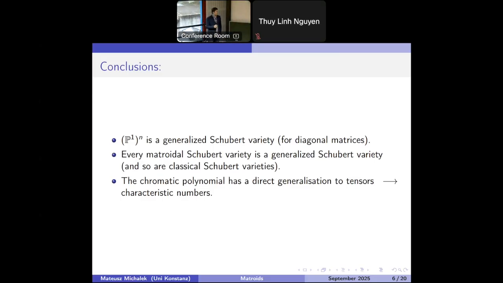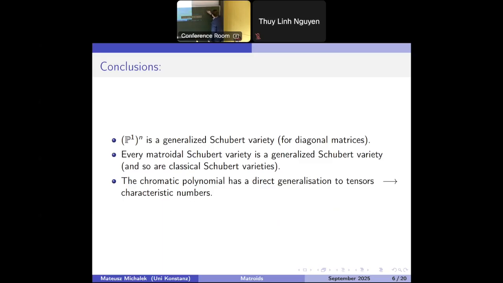And it turns out that also classical Schubert varieties, as Matej told you, are generalized Schubert varieties. So maybe just to tell you what's the connection. Matej told you that a Schubert cell looks something like this, right?